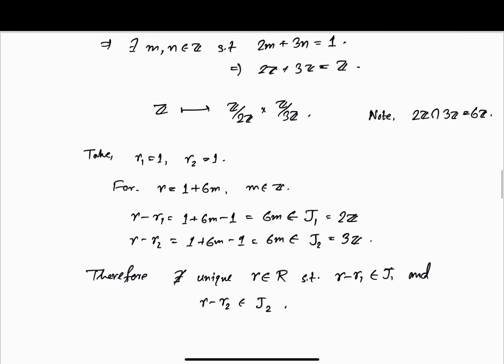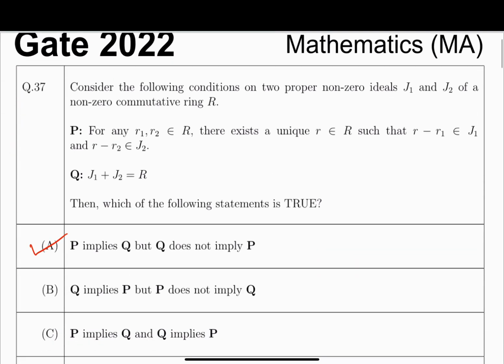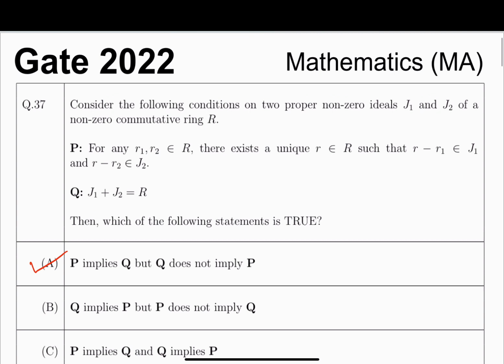So Q does not imply P. Okay, so therefore option A is correct: P implies Q, but Q does not imply P.